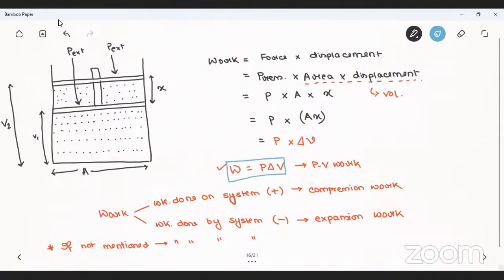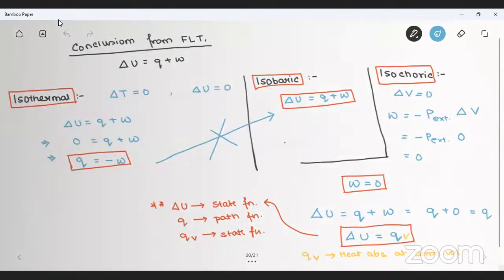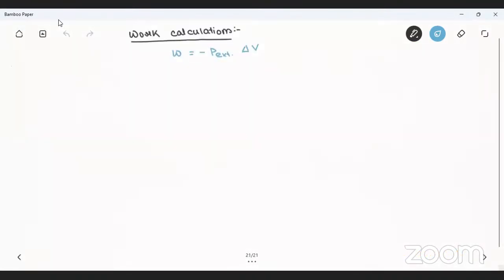From here, I can write what the work done is: minus P external delta V. This is the general formula for work done in chemistry. But if the system changes, this formula will change accordingly.